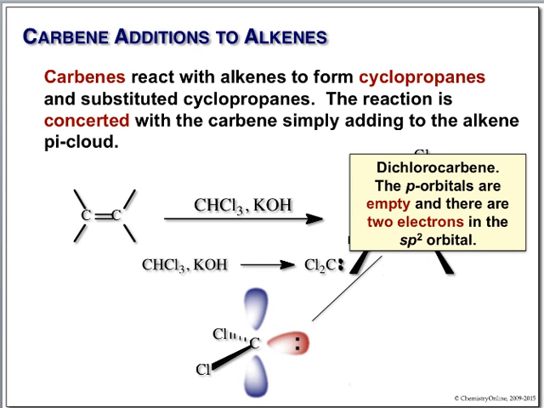It's sp squared, and it's not charged. It's a carbon with really only two things bonded, and it's not charged. It's a carbene. It's extremely reactive. Carbon likes 4 bonds, doesn't it? This thing is going to add, going to sit on the pi system quickly and make our compound.